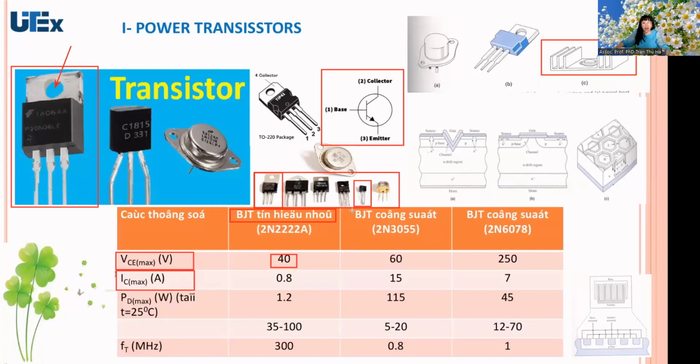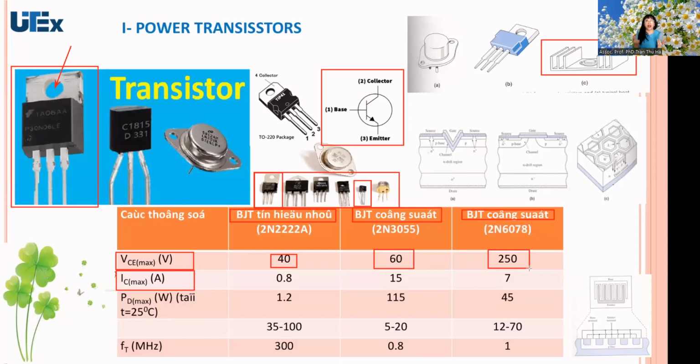But for the larger power electronics, you have 60. And for a very big power transistor, you have 250 watt. The difference between the power transistor and the transistor depends on the power.